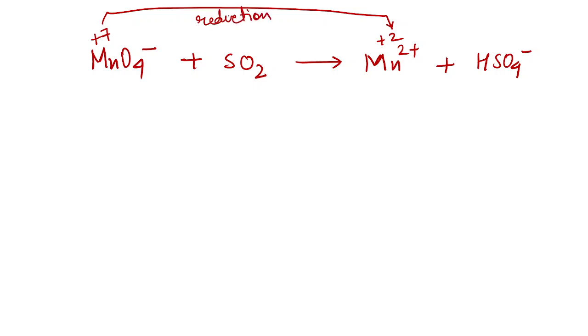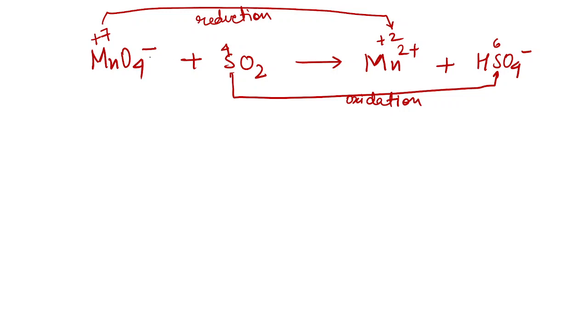Similarly for sulfur, the oxidation state was 4 and here it is 6, it means that there is oxidation. You have to find out the oxidation states by yourself. That is why I'm not using much time here. I have directly written the oxidation states, because we have been doing oxidation states for so long.